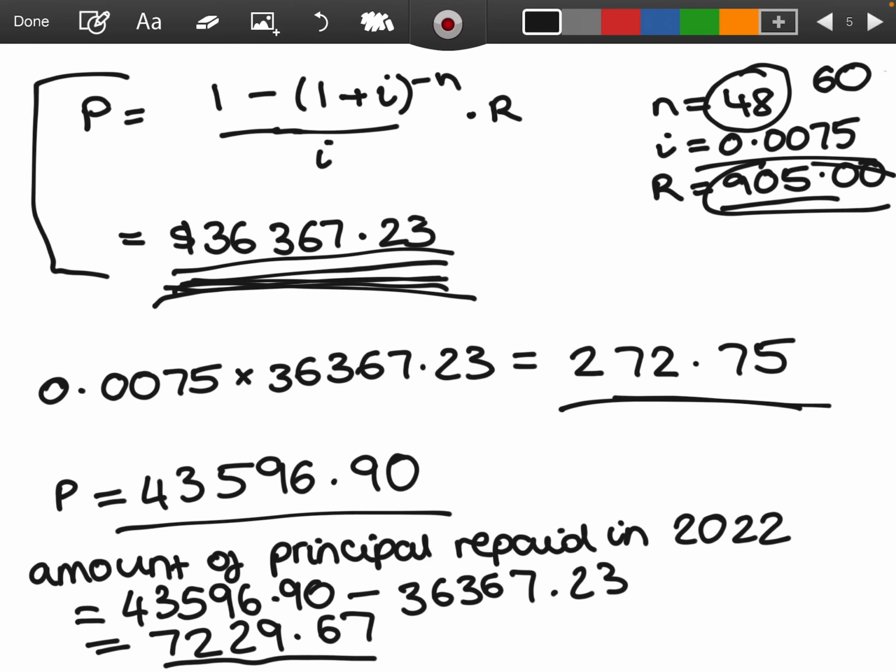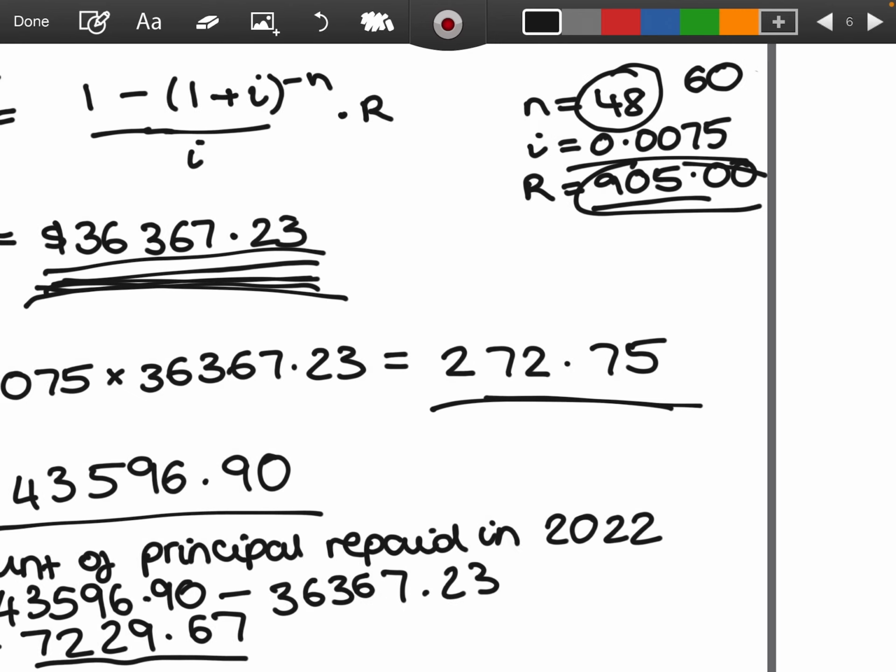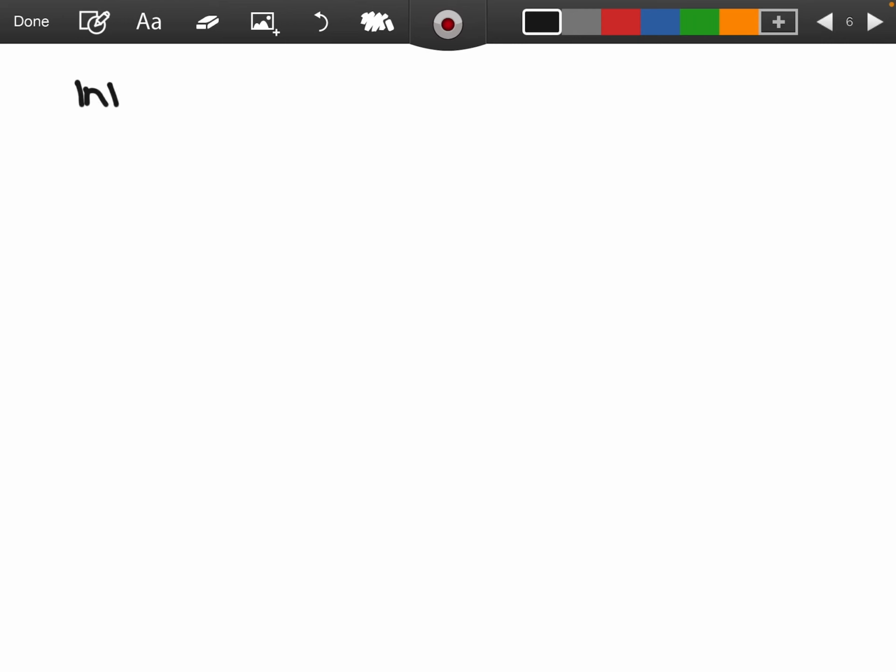The next question asks, how much interest was paid in 2022? Okay. The interest that is paid in 2022 would be how much we actually paid minus the principal amount that was paid in 2022.